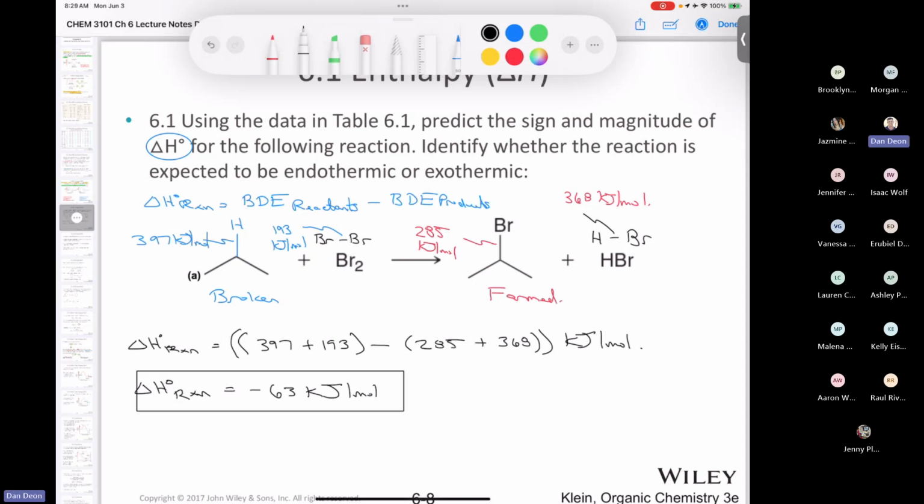Anybody? Is this endothermic or exothermic? Yeah, thanks. You guys, great. Awesome. Everybody nailed it. So since delta H is negative, therefore exothermic.